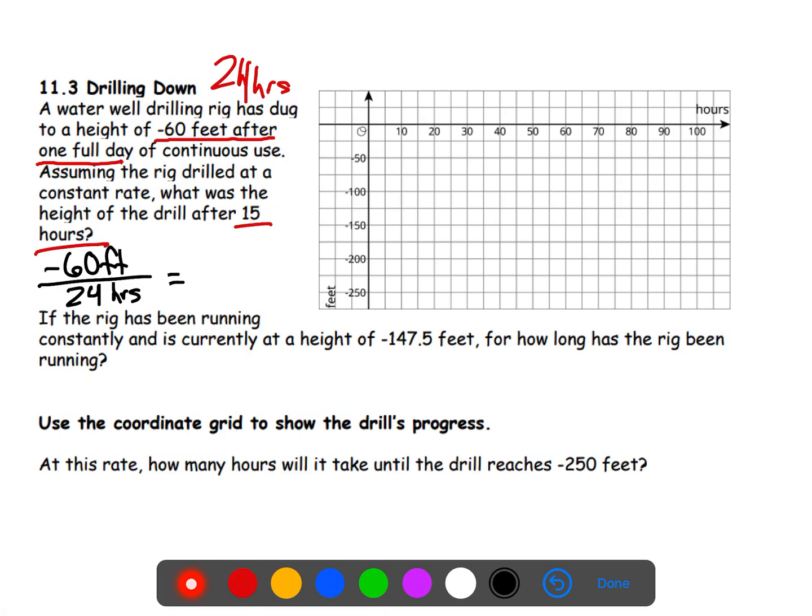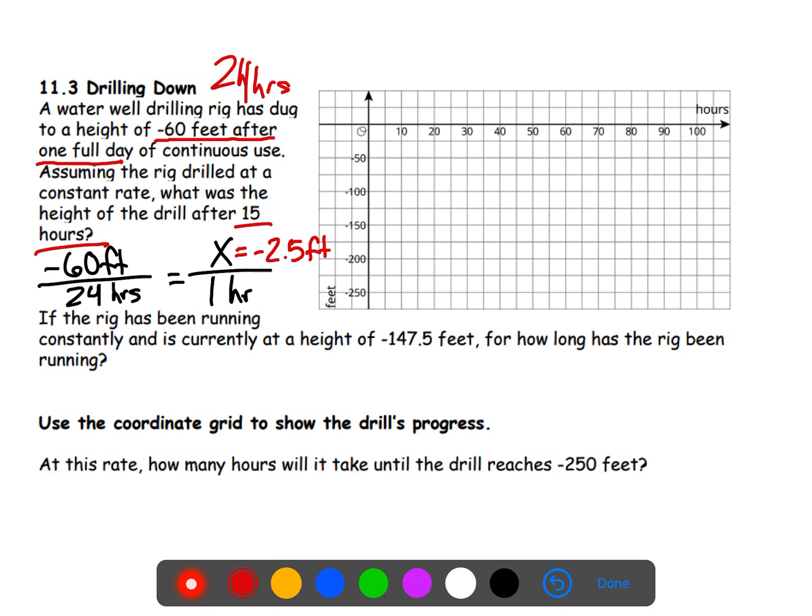What we want to know is how many feet, which is a missing value right now, it would be in 15 hours, or, well, truly, we could find that for 1 hour and then find 15 hours. I think finding this unit rate first would be most helpful. So we just need to divide this ratio. We need to take -60 divided by 24. And when you do that, what you get is -2.5 feet.